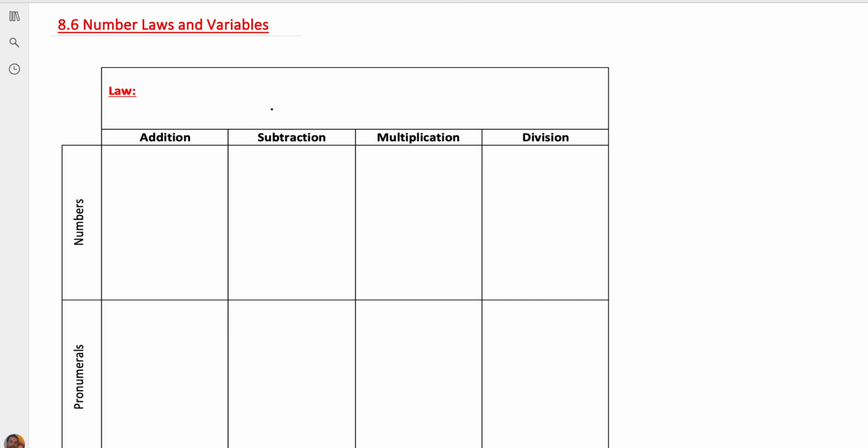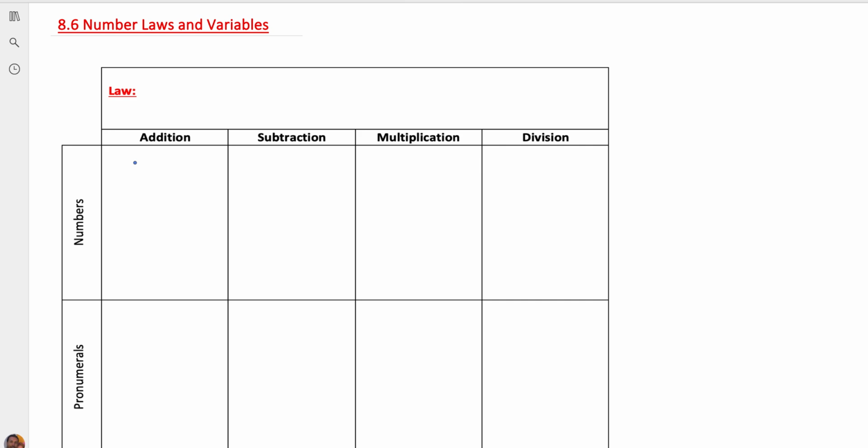Then we're going to give you the name of the law, just as information, to make your knowledge of maths more formal and more sophisticated as you progress through your education in school. It's important that you start incorporating these terms. But the most important thing is not that you learn the terms, but that you understand the concepts. So let's jump into it and see what I'm talking about.